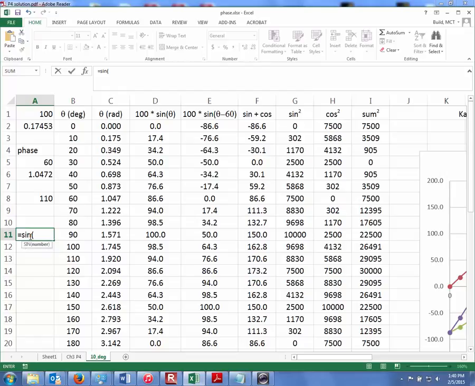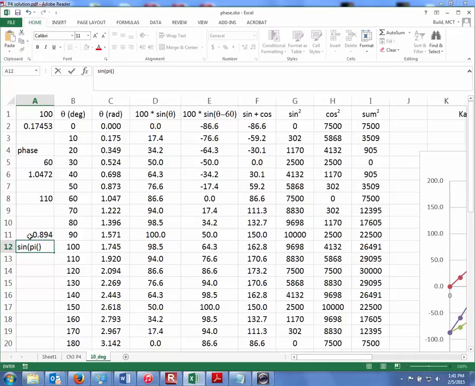So if we do sine of 90, that's not 1. It's kind of close, but it's not 1. But if we do sine of pi, and there's also a function in Excel, just PI. It has no argument, so it's just PI, open bracket, close bracket.